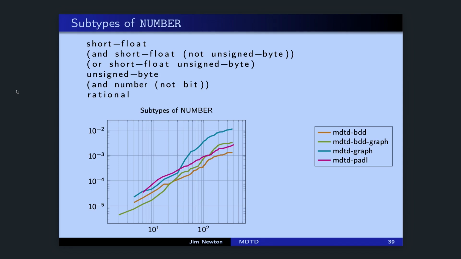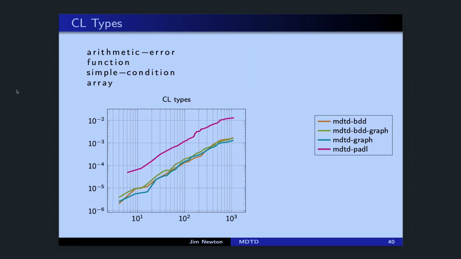This case is similar. The purple graph, when we look at the subtypes of number, is faster asymptotically, except for the graph there in orange. But in some cases, the new algorithm is much slower than all the rest.